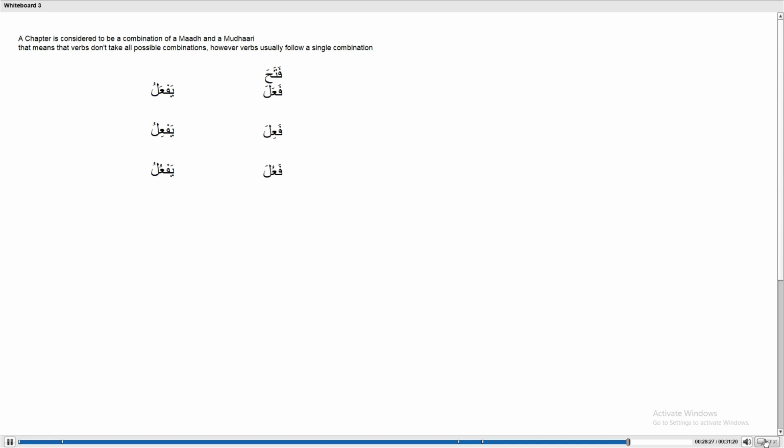Fataha, the mudari of it, it only has one mudari. Its mudari sounds like one of the three forms of the mudari, not all. The mudari it has is on the scale of yaf'alu. Meaning the mudari is yaftahu.